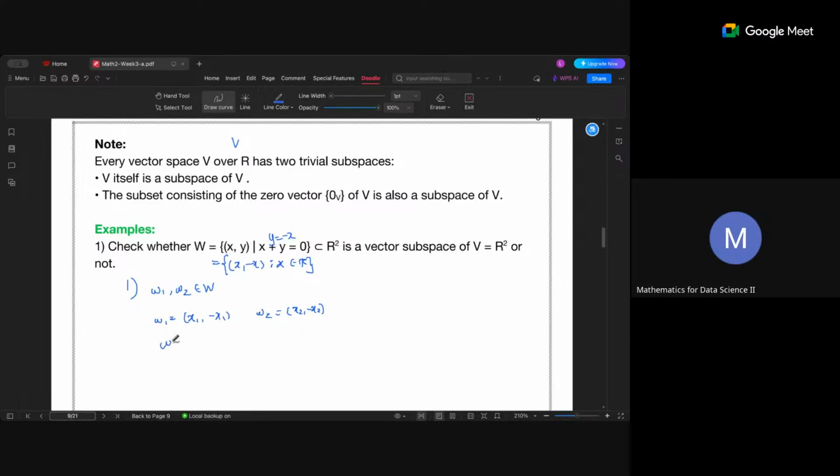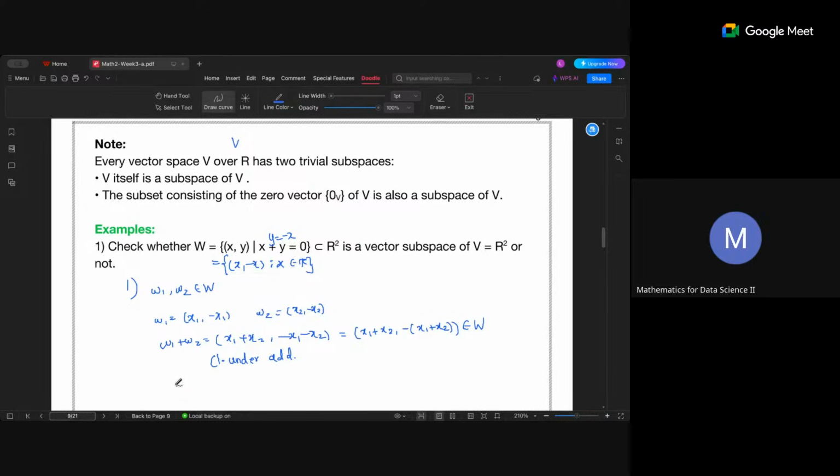Now what is w1 plus w2? It is (x1 plus x2, minus x1 minus x2), which is (x1 plus x2, minus of (x1 plus x2)). So this obviously belongs to the set W. So this is closed under addition.